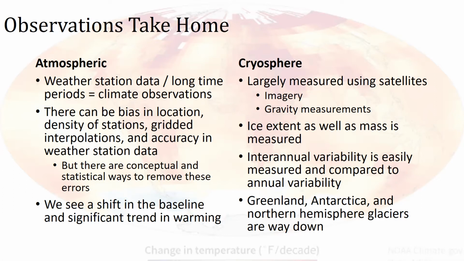And the interannual variability is easily measured compared to the annual variability, so that you understand, is it true change, is it not true change? And this is why we know it's mostly the inland glaciers in the northern hemisphere that we see this. And then, yeah, Greenland, Antarctica, and northern hemispheres are just way down.